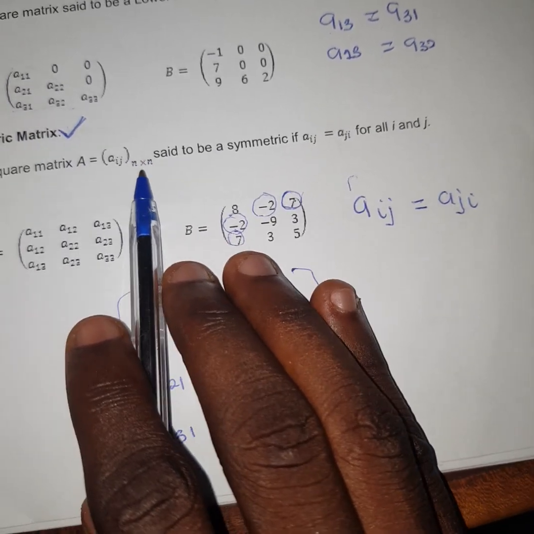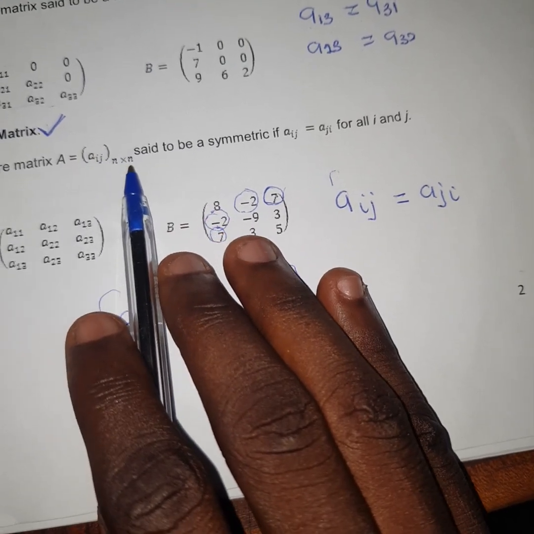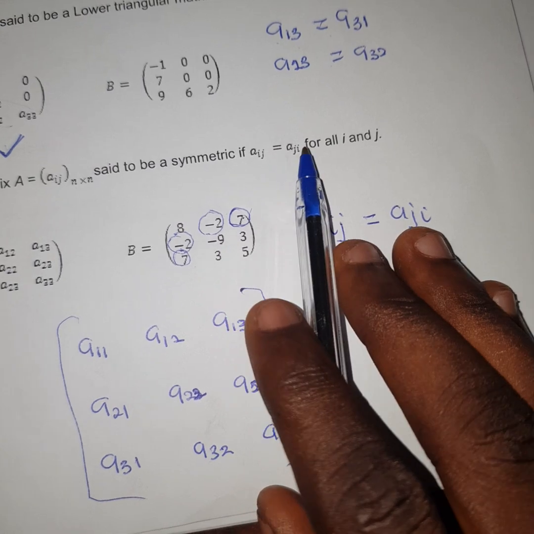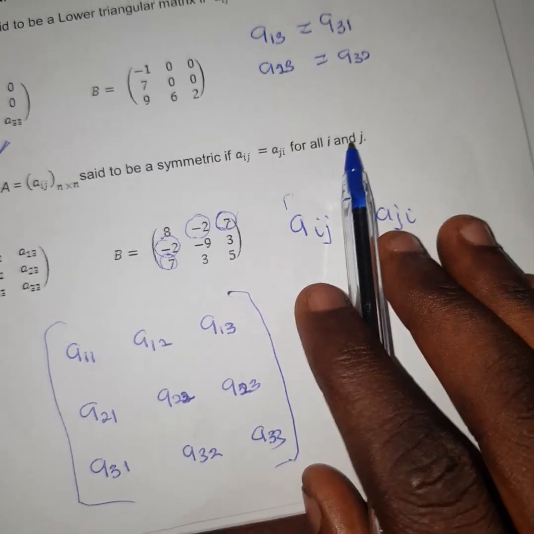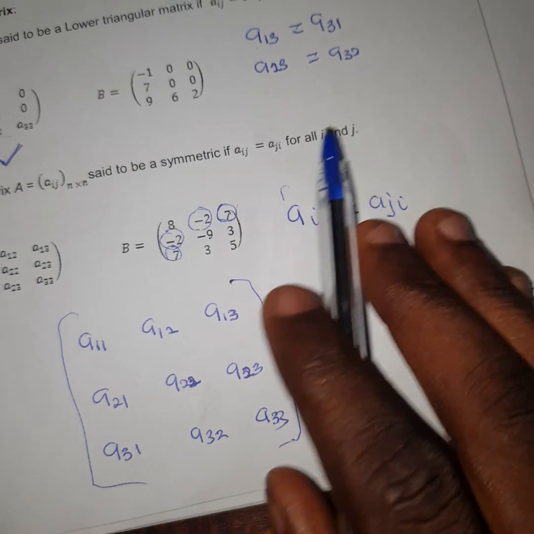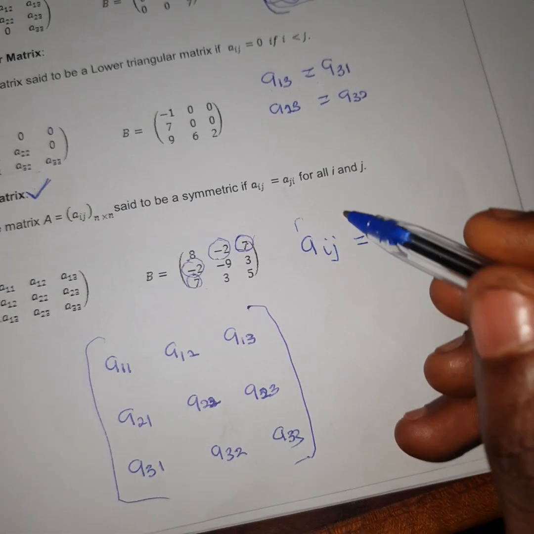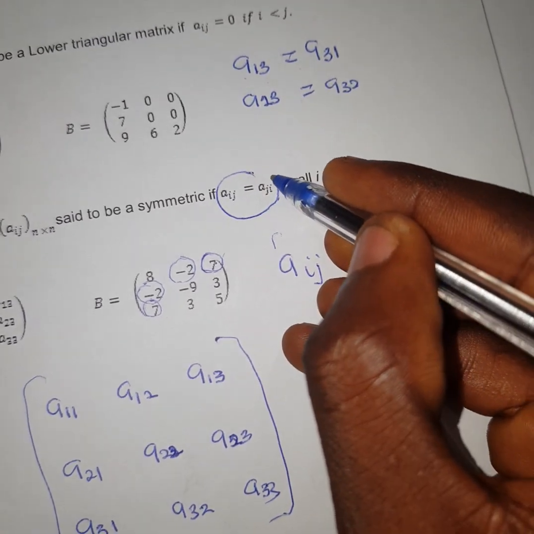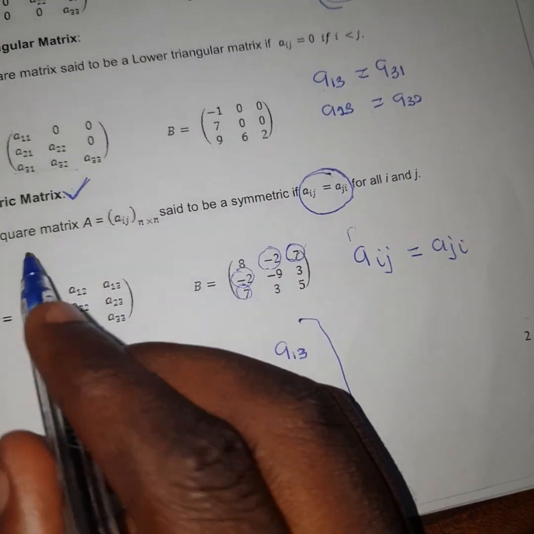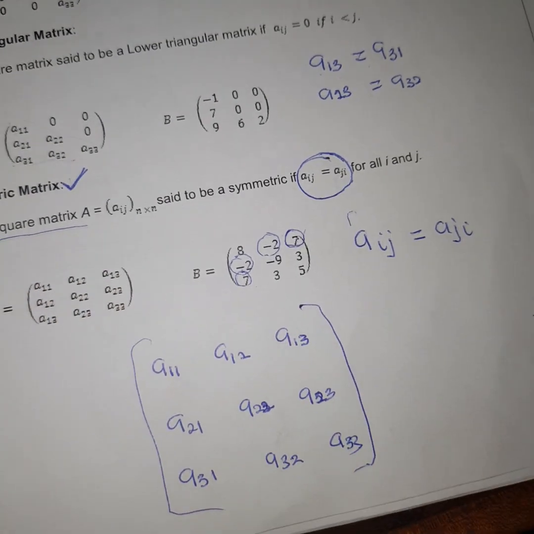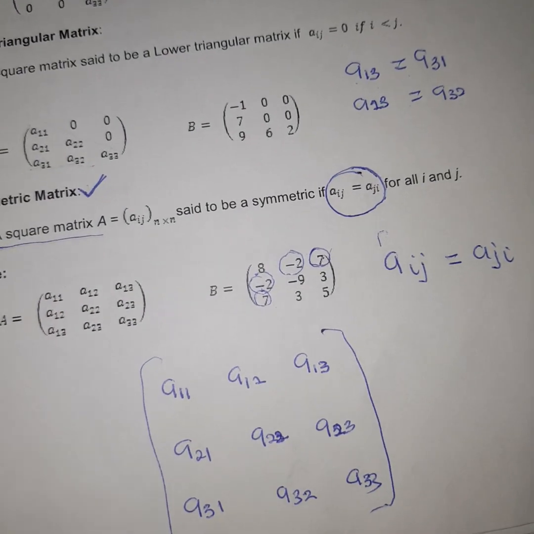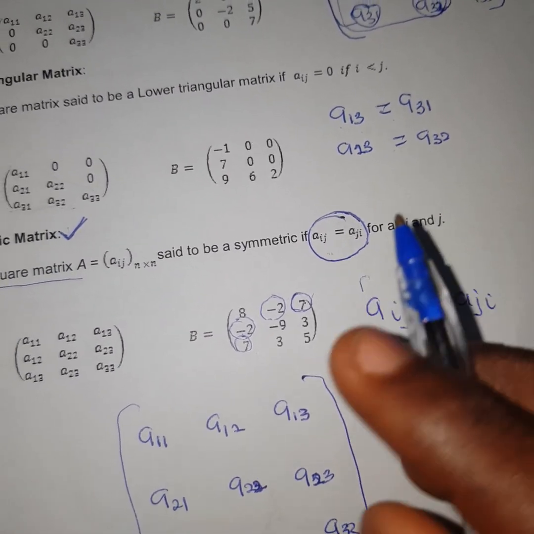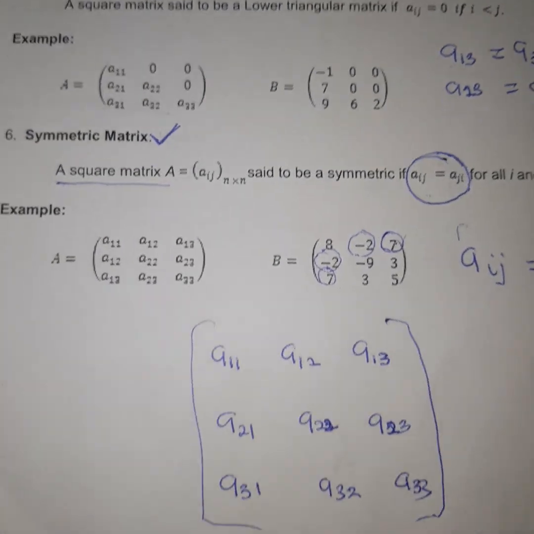The matrix A is said to be symmetric if Aij is equal to Aji for all i and j. What you need to know in the definition is that it is a square matrix. Now I'm going to explain this, and then we'll get to know what a symmetric matrix is.